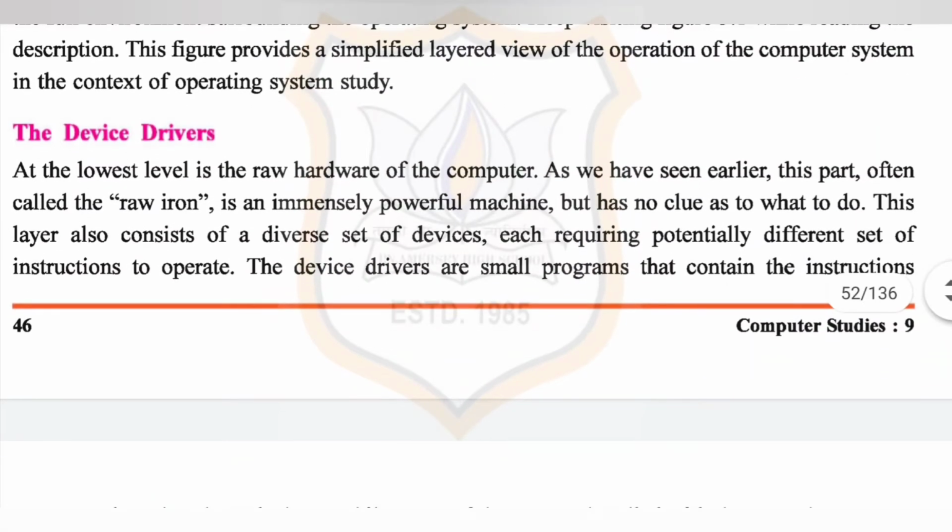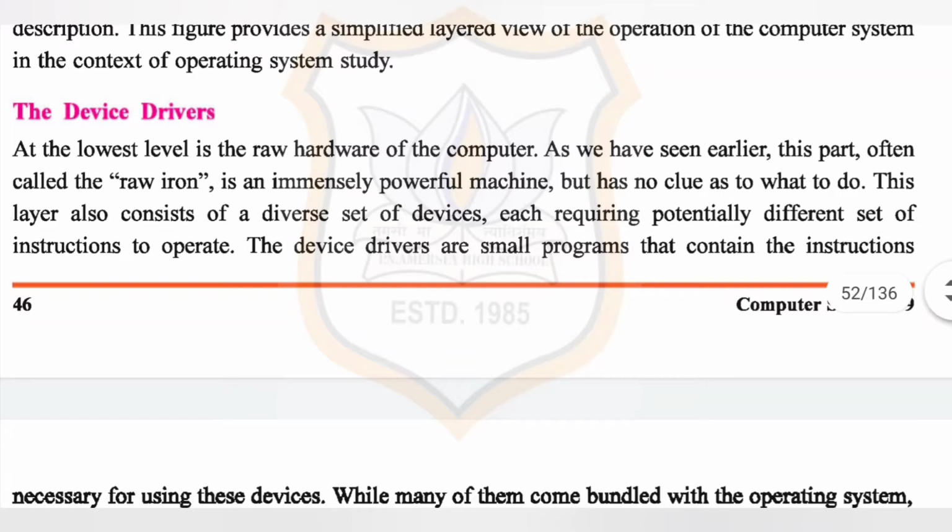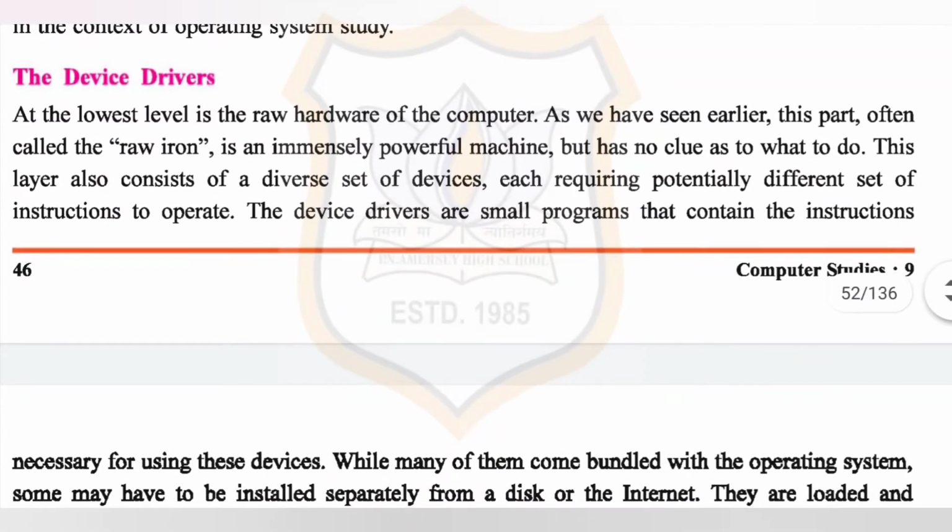The device drivers. At the lowest level is the raw hardware of the computer. As we have seen earlier, this part, often called the raw iron, is an immensely powerful machine but has no clue as to what to do. This layer also consists of a diverse set of devices, each requiring potentially different set of instructions to operate.